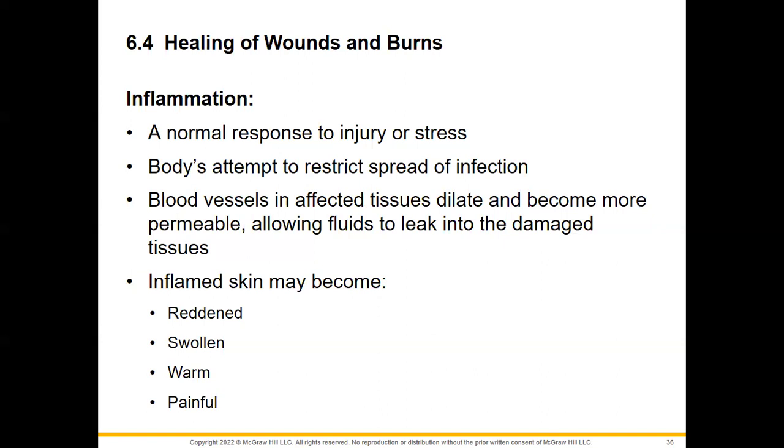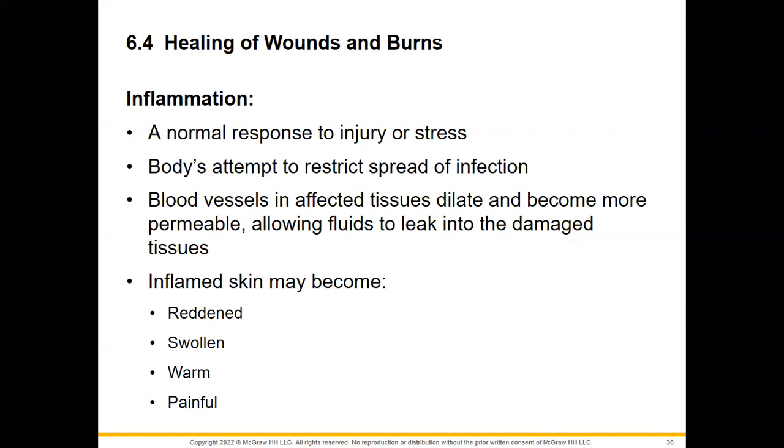What happens is the blood vessels in whatever area is being affected are going to dilate. Remember, dilation is to open or widen, and they also become more permeable. Permeability refers to substances' ability to go across a membrane. So substances are able to leave the blood vessels and go into the surrounding tissues.